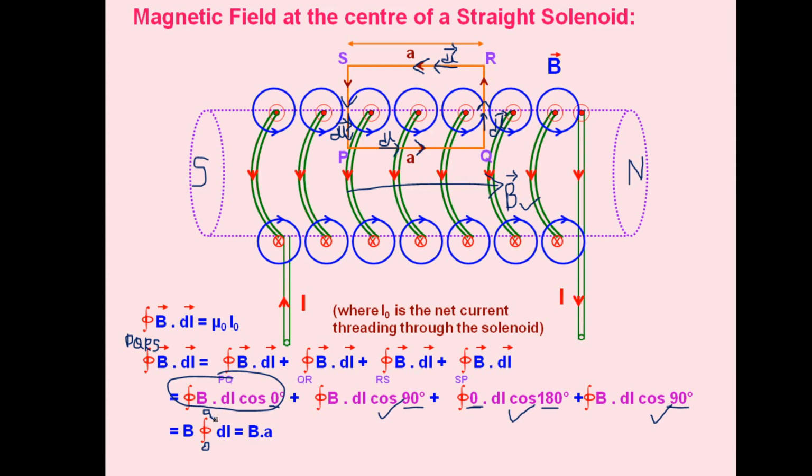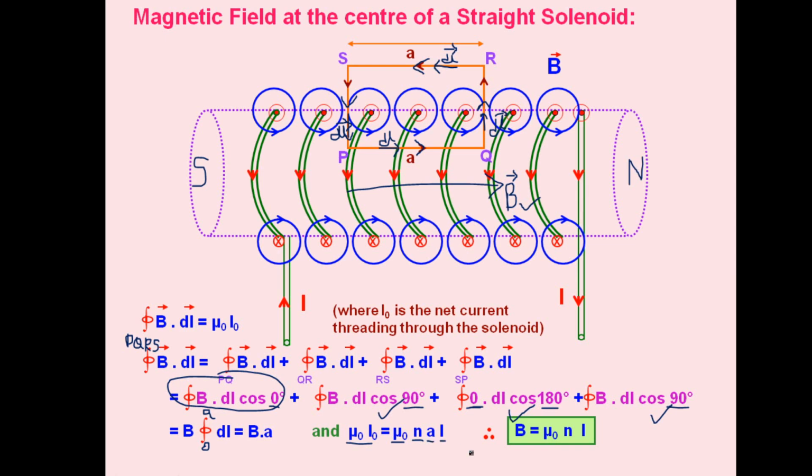Now equating it with mu naught into I naught. The expression for mu naught I naught is mu naught, and I naught is the current threading the path, which is n, number of turns per unit length, into current.